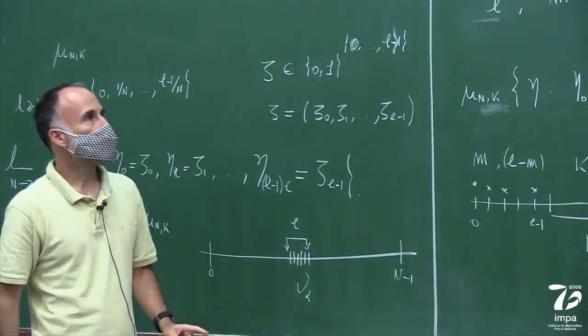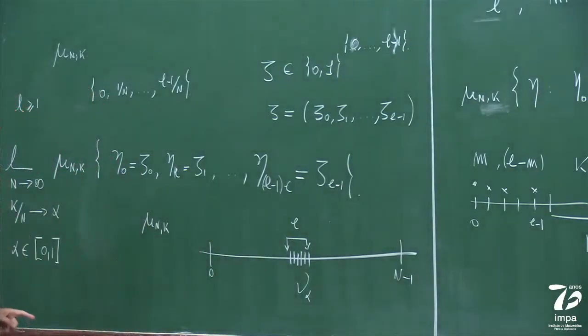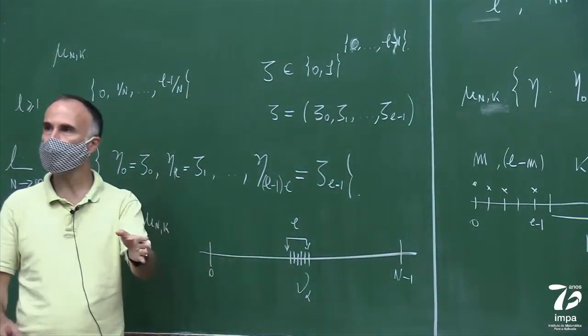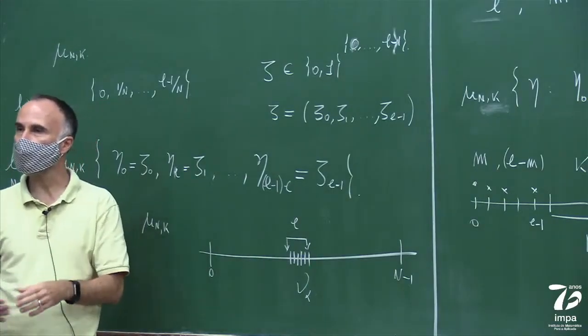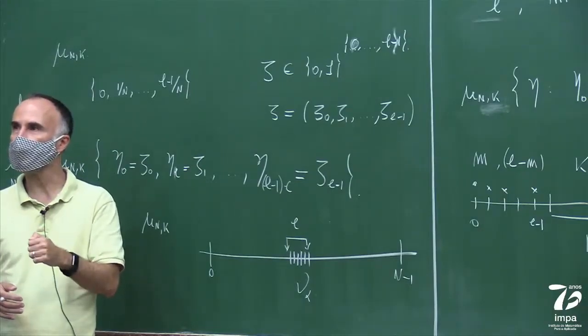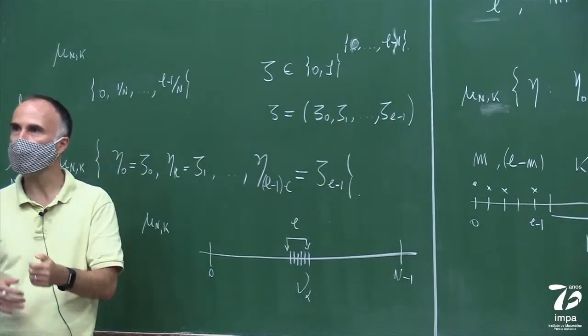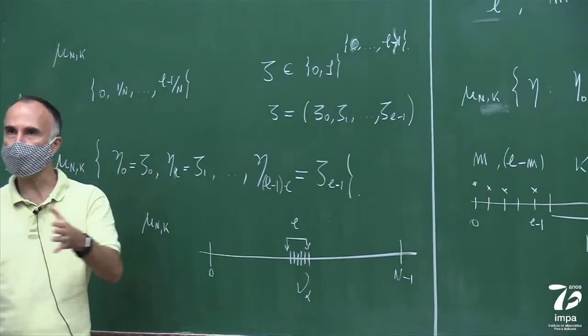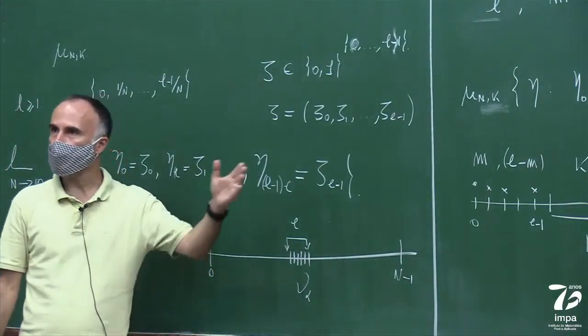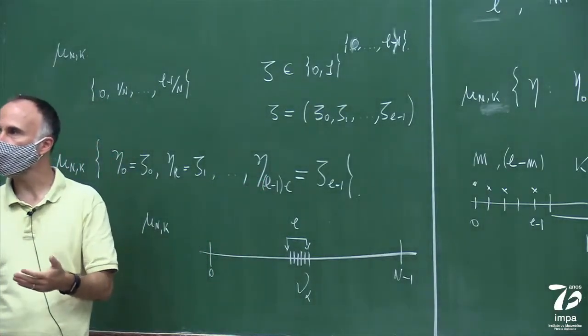But there is a difference, because these measures, mu n,k, are concentrated on configurations with a fixed number of particles, k. While if I take nu alpha in this space, so if at each site I place a particle with probability alpha, and I leave that site empty with probability 1 minus alpha, and I do that independently, I get a measure on this space. This measure I claim, and I will show, is also invariant.